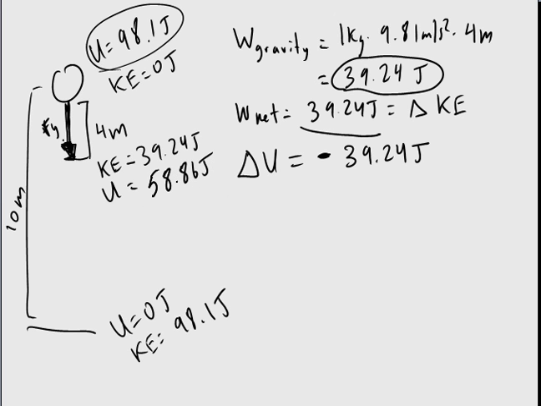And we'll see that because the potential energy is always the negative of the work of the conservative force, and the change in kinetic energy is always equal to the positive, right? The amount of the work done by the conservative force. They're always going to be the negative of each other. So if I gain 39.24 joules of kinetic energy, I have to lose 39.24 joules of potential energy.